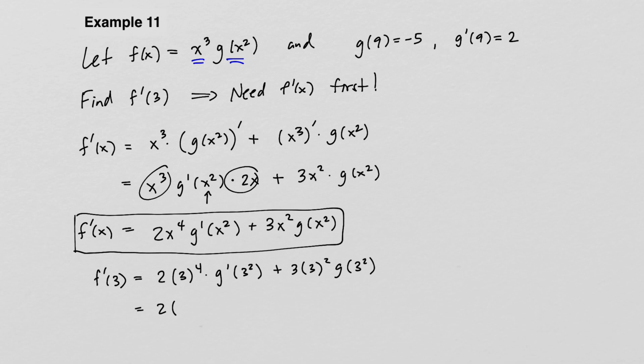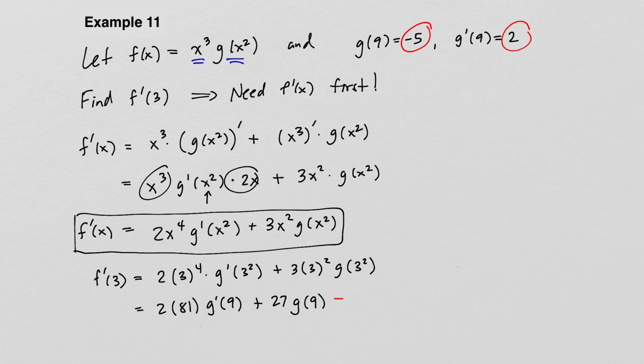And this is 2 times 81 times g prime of 9 plus 3 times 3 squared, which is 27, times g of 9. But in the beginning, they told us that g of 9 is negative 5 and g prime of 9 is 2. So we're going to plug those in.